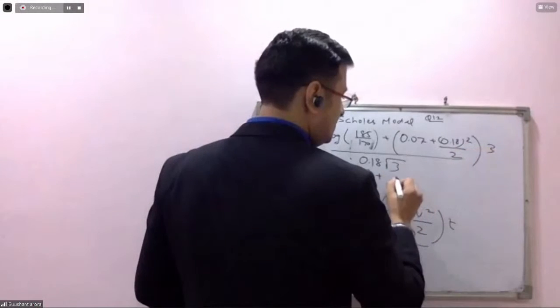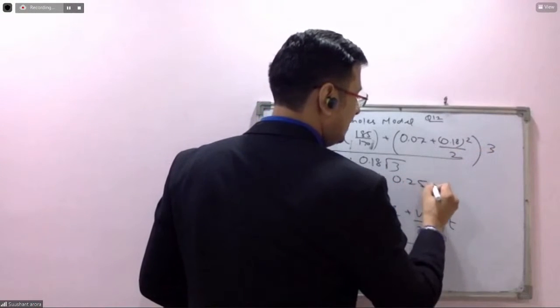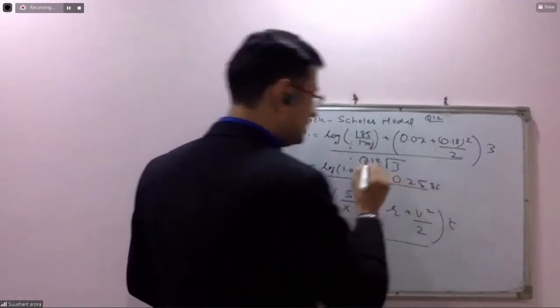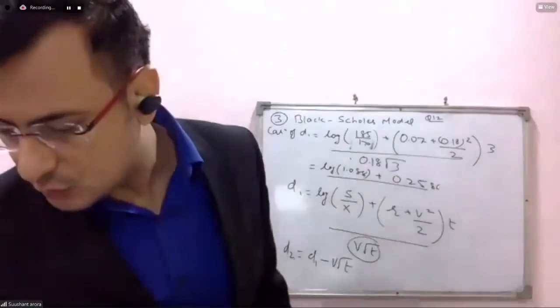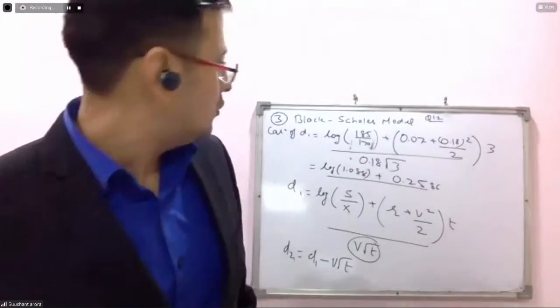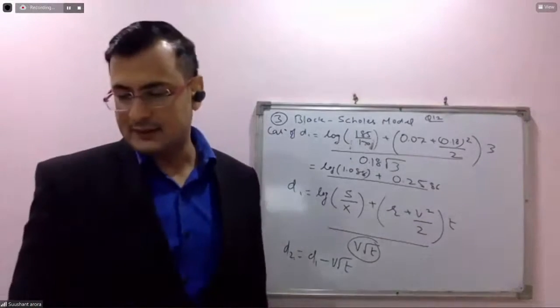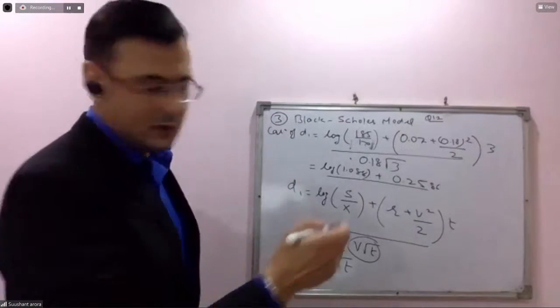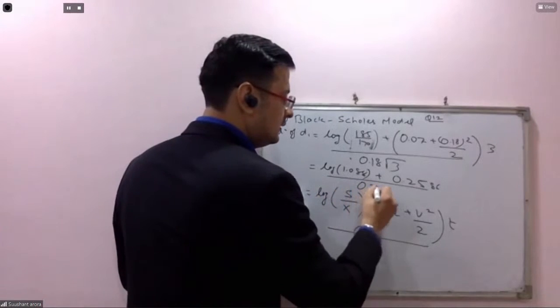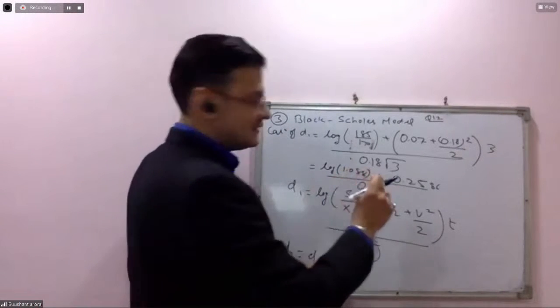That is 0.2586 into 3, divided by the square root of 3 into 0.18, which is 0.3117. Please check if I'm wrong somewhere.